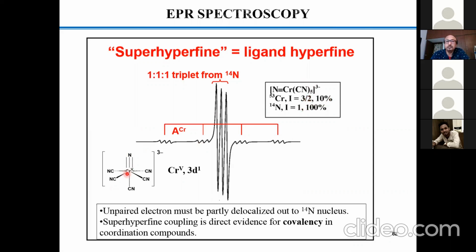Yeah. So each of the lines would again be interacting with this nitrogen center, and then you are getting 3 lines. So this strong line corresponds to I equal to 0, the splitting due to the metal nitrogen interactions. And these 4 lines appear because of the 10% chromium 53, I equal to 3/2, and that ratio would be very small, which is in fact so.